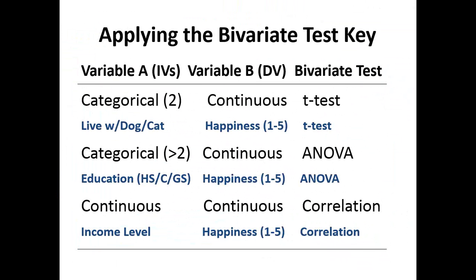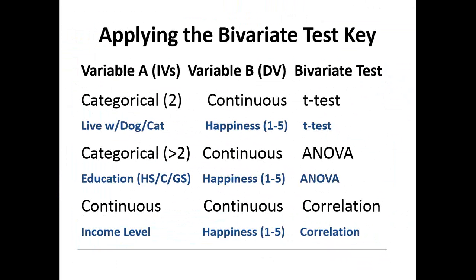So we see here, the top line, categorical with 2 categories, which in our study is, do you live with a dog or a cat? But it could be any categorical variable with 2 categories, such as yes, no, or recovered, didn't recover. Matched up with a continuous variable, you would use the t-test, specifically the independent samples t-test we'll be using.